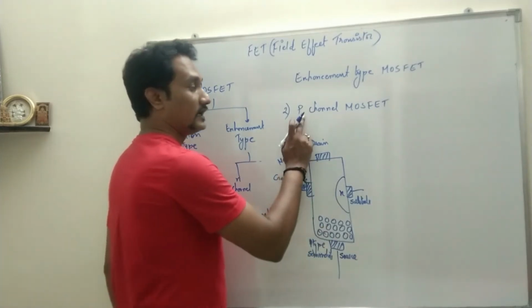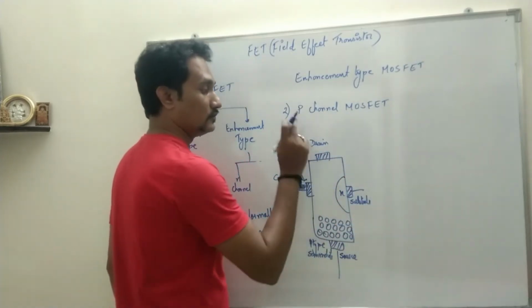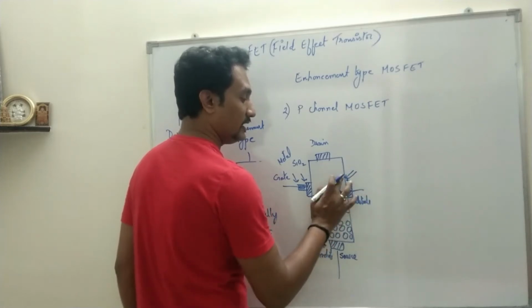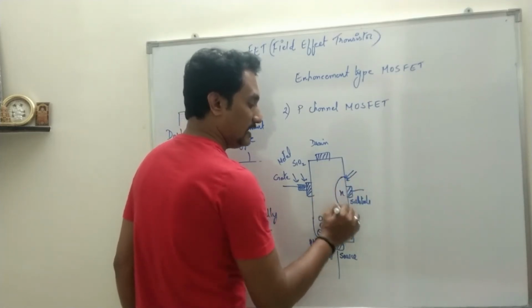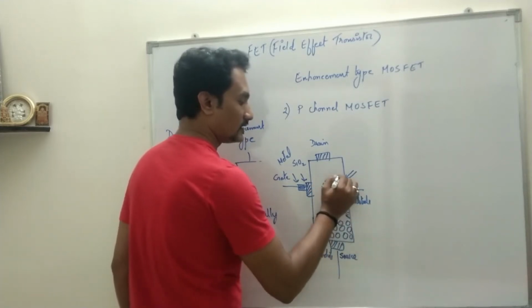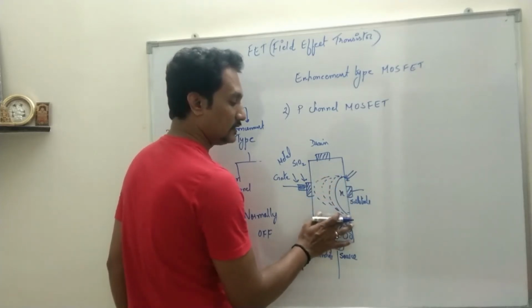What has to be taken care of when you construct a P-channel MOSFET is that you keep on doping the impurity so that this N region keeps extending towards the substrate.